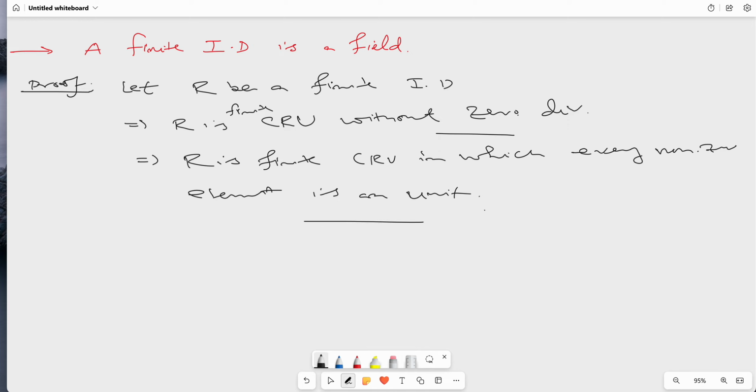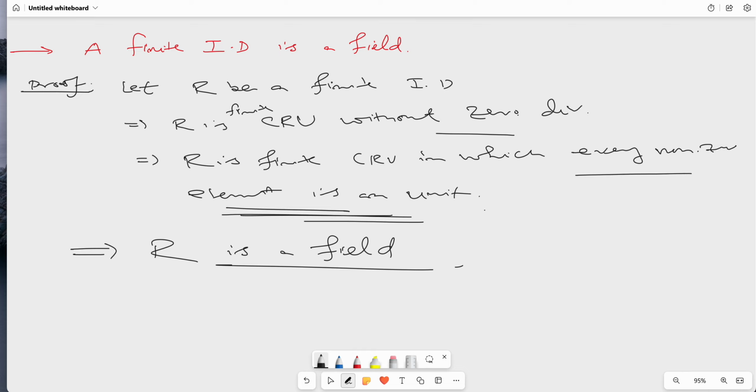And a commutative division ring is called a field. So every non-zero element is a unit, and this is a CRU. This implies that R is a field, because you have a commutative ring with unity in which every non-zero element is a unit, right? So R is a field.